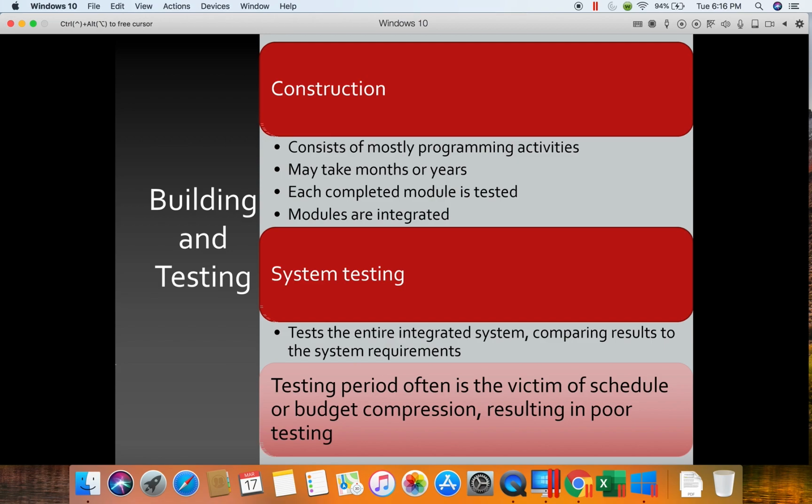The rush in testing can lead to many failures and actually ends up making the system implementation take longer and sometimes completely having to start over and go back. So testing is an area that should not be skipped, even if you're on a budget crunch.